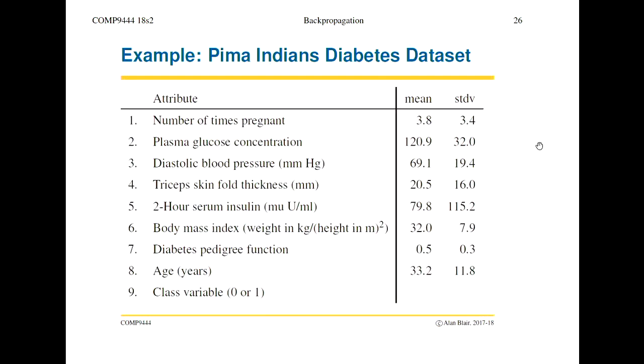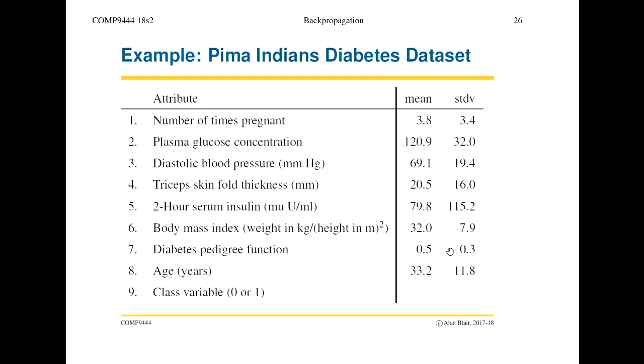So this is a useful example of some of the training tips that we would use. In this case, we've got 8 inputs and 1 output. So if you had your neural network, you'd have 8 inputs, and you have to choose the number of hidden nodes. So you might have, say, 4 hidden nodes, and then you'd have an output.